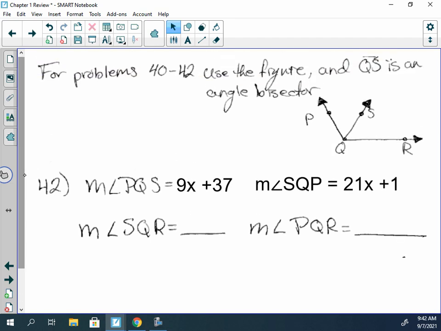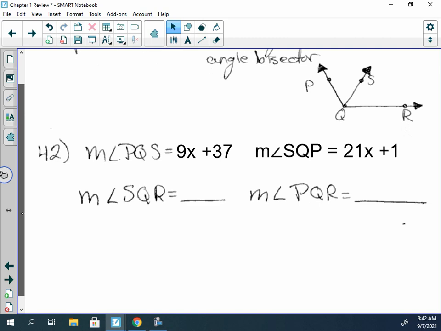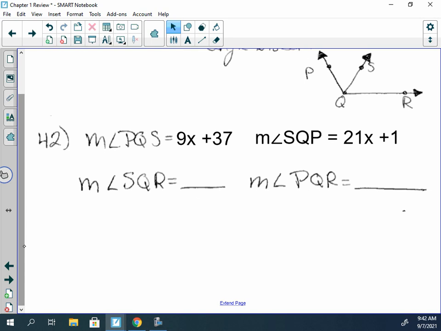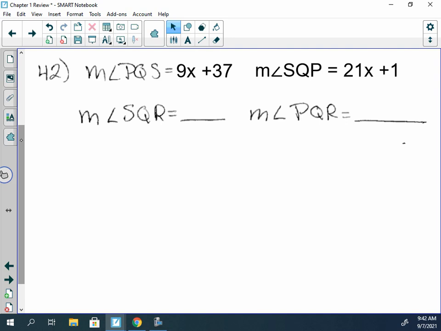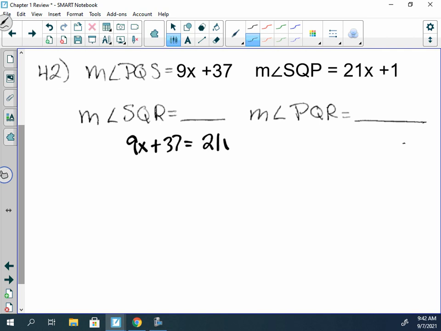So PQS and SQR, we have an angle bisector which cuts the angle in half into two congruent parts, yes? So it means PQS and SQR are going to be the same. So what I could say is that 9x plus 37 is equal to 21x plus 1. And then we can solve for the value of x.